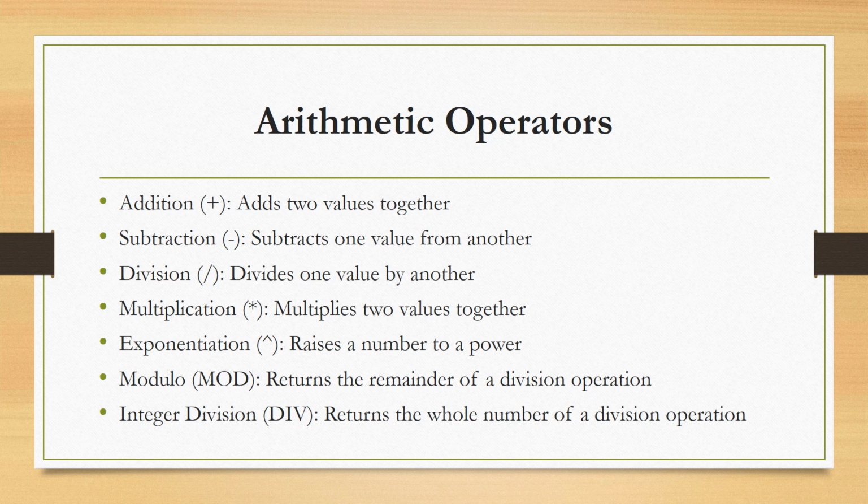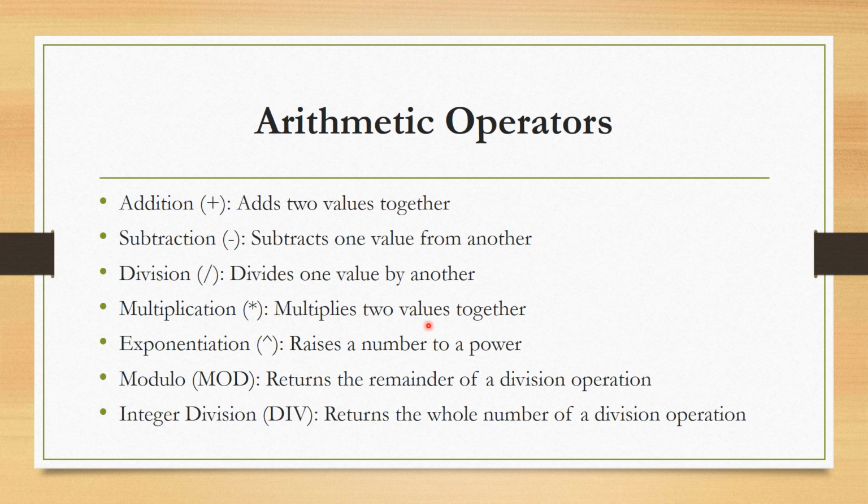Arithmetic operators. There are altogether 6 to 7 operators: addition, subtraction, division, multiplication, exponent, modulus, integer division. Addition will add two values together. Subtraction will subtract one value from another, as we do in mathematics. Division divides one value by another.